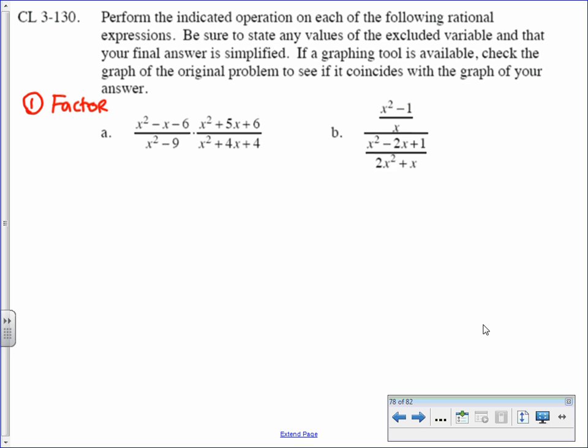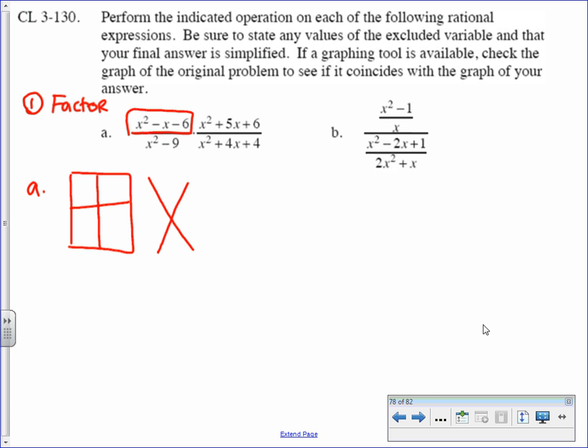For x squared minus x minus 6, I'm going to do this one with a box and diamond, but over time I'm going to stop using that, just a heads up. So I'm going to draw my box and diamond. X squared is the first term, goes here.